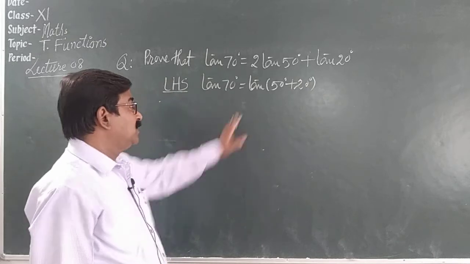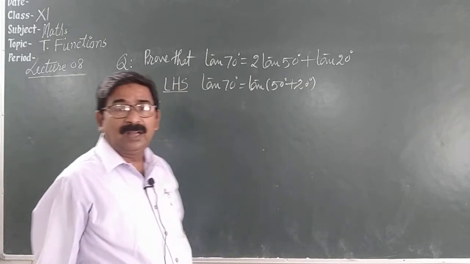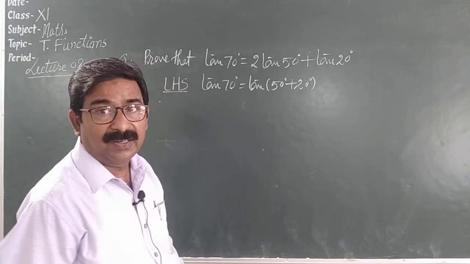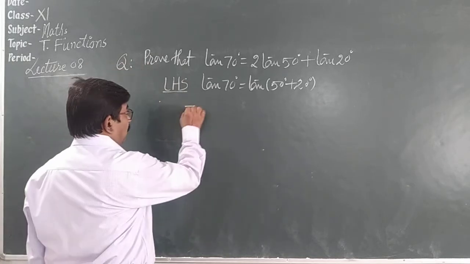Now you can see this is the form of tan A plus B, and you can break this using the formula tan A plus tan B upon 1 minus tan A tan B. So I am breaking this.